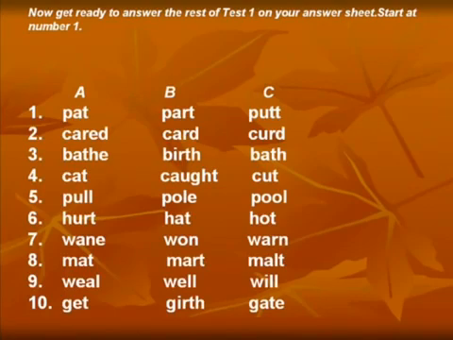Paul. Number 6. Head. Number 7. 1. Number 8. Mat. Number 9. Wheel. Number 10. Girth.